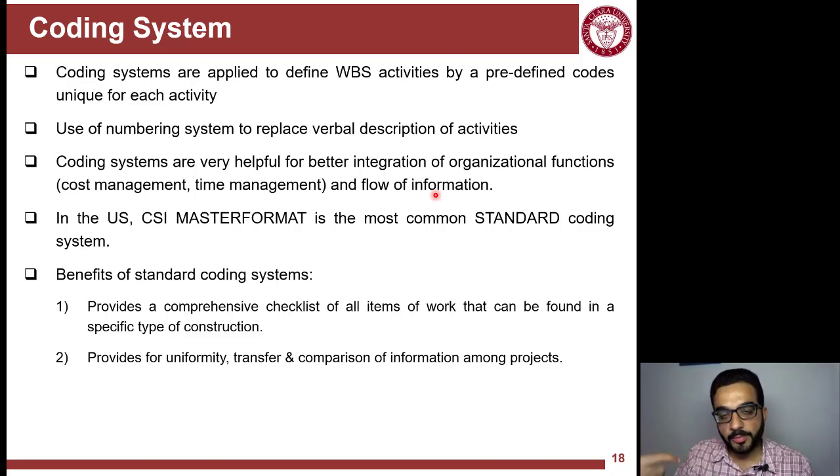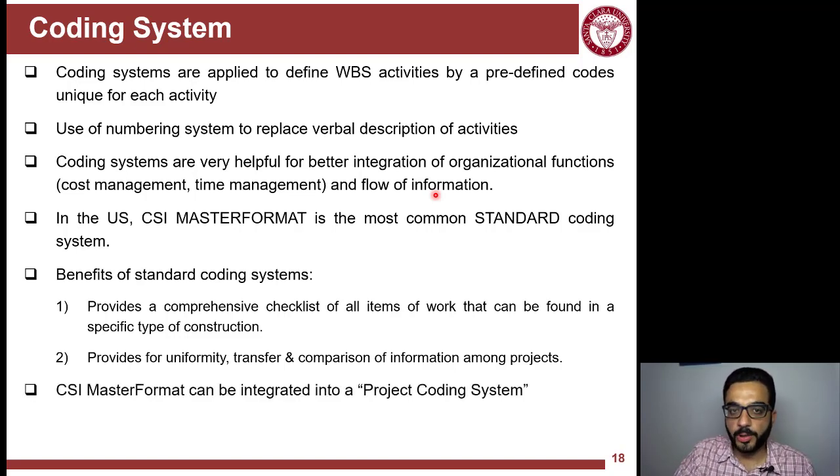So remember, you're not only doing one project, you're doing multiple projects and they share the same type of work. So for control purposes, you want to know how well you did on this activity in this project versus future projects or previous projects. So it's good to standardize so you can compare your performance between projects.